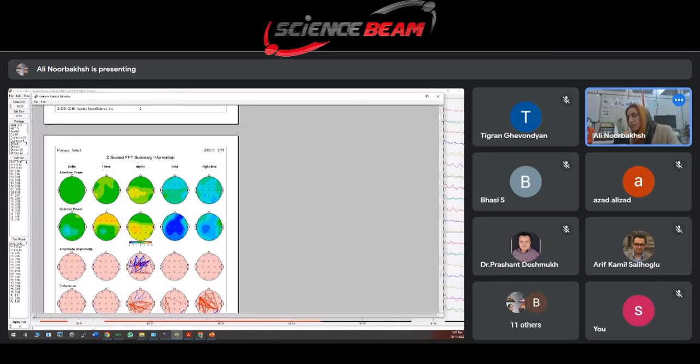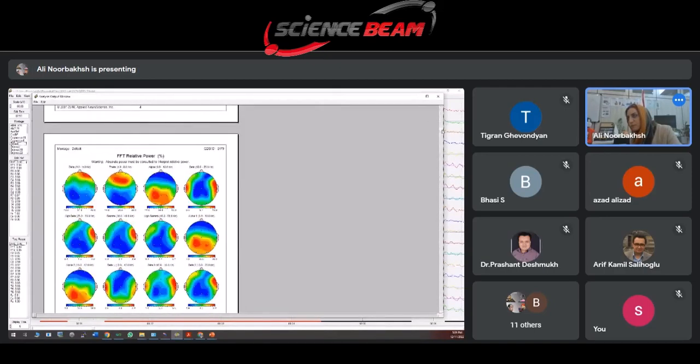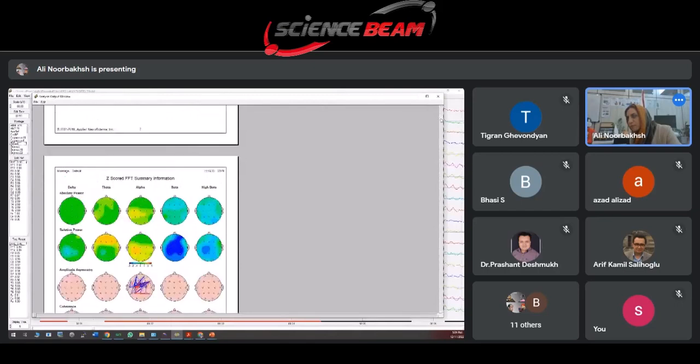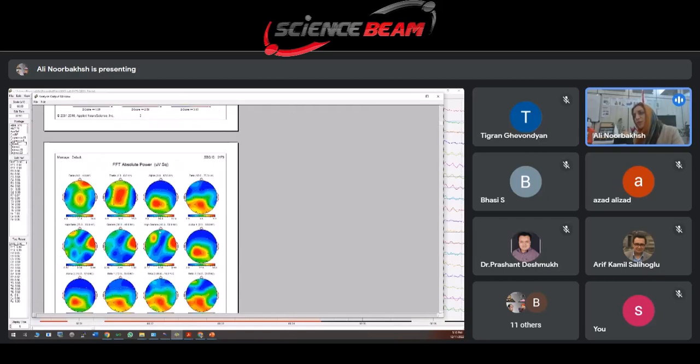Next page. This page belongs to the Z-score. It's compared with the normal database. But this page belongs just to the client.